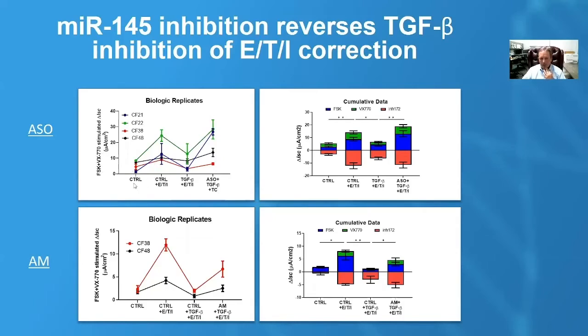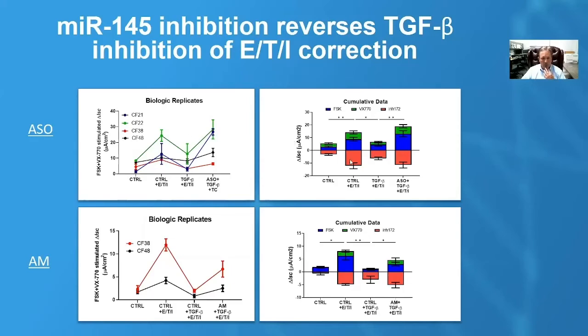And then typically four conditions: the control condition, the CFTR modulator condition, TGF-beta, and the ASO restoration. These are biological replicates, and we can see as a baseline, there's not much CFTR activity. The modulator robustly increases that activity, but TGF-beta continues to squash it, effectively nullifying CFTR correction. And the ASO restores it, nearly completely reversing the TGF-beta inhibition.